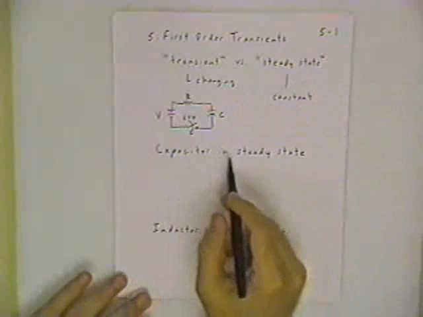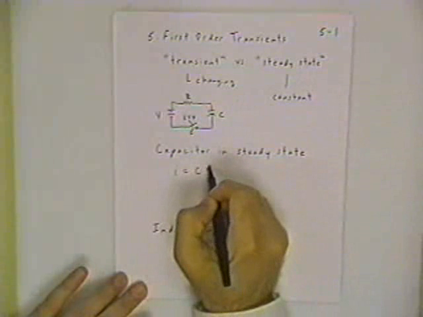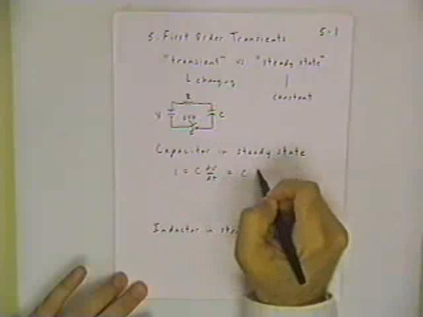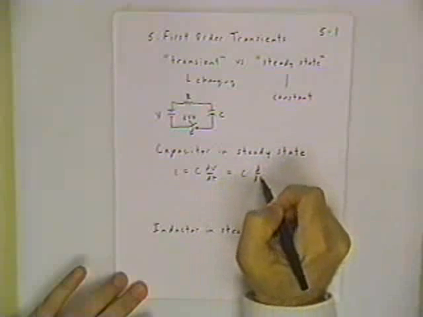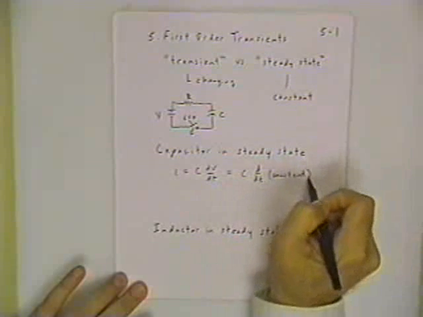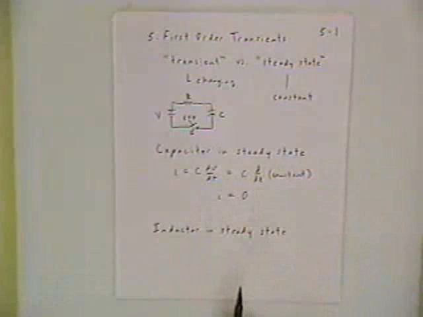What I want you to see from the model for the capacitor is what that means. I equals C times d/dt of a constant if we're in steady state, and so we get I equals 0.